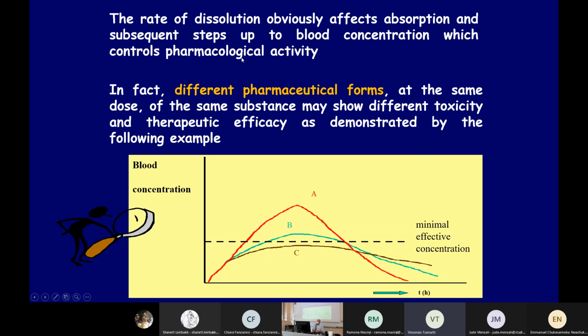The rate of dissolution affects absorption. So if we have different polymorphs with a different rate of dissolution, we can have problems to reach the minimal effective concentration in the blood.